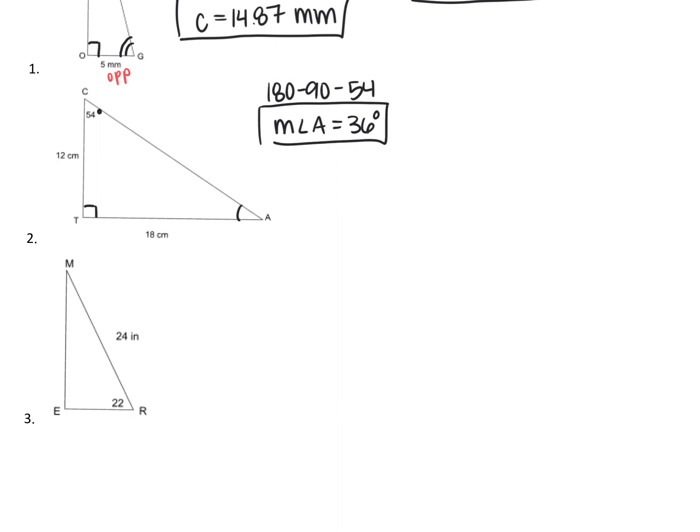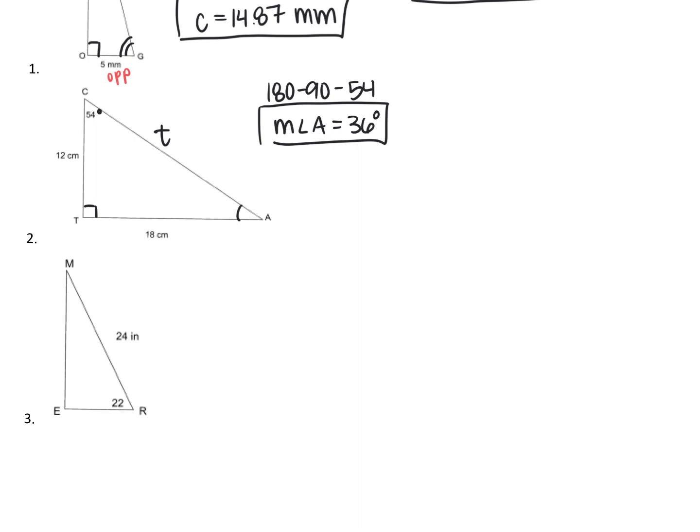I also know two of my side lengths. To solve for my missing side, which I'm going to name T since it is opposite of angle T, and typically we do use lowercase letters to name sides when we're naming them opposite of their angle. We don't use the capital letters because the capital letters indicate an angle measure.